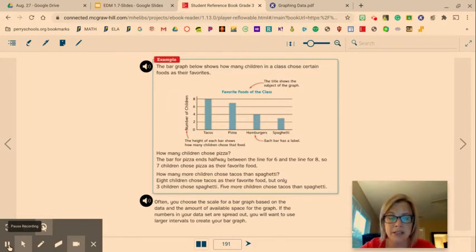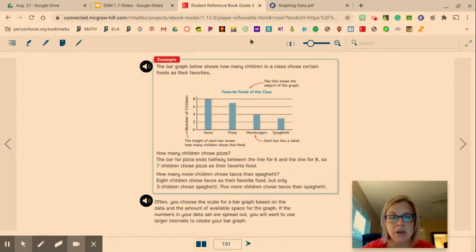One of the other things you can find out from these bar graphs is how many more people chose tacos than spaghetti. We're comparing two different types of food, so I'm finding the difference between them.